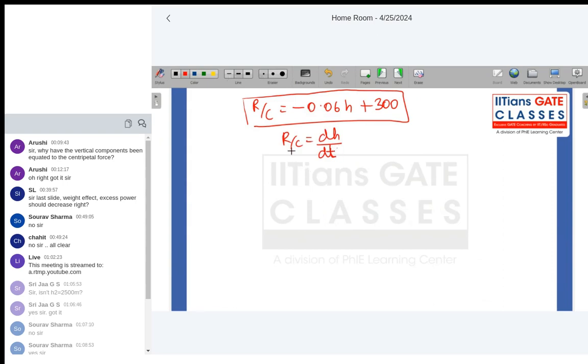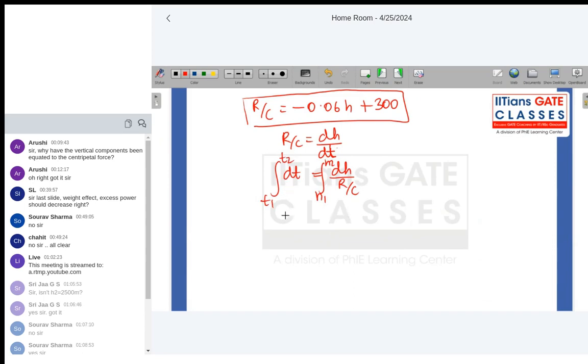Now, we want to find out the total time taken, which is equal to dh by rate of climb. When the altitude was h1, time taken was t1; when altitude is h2, time taken is t2.